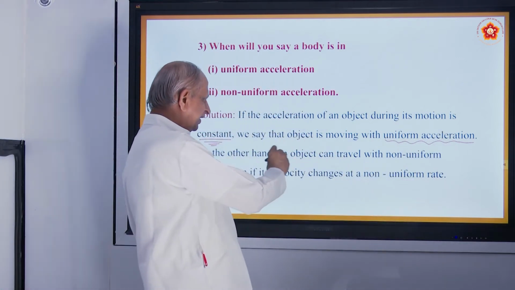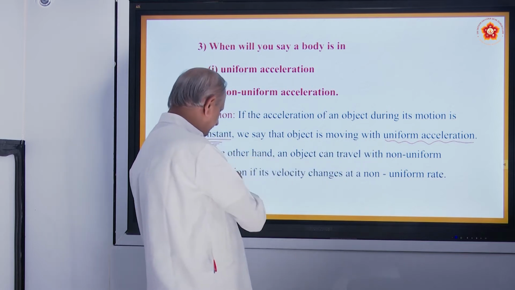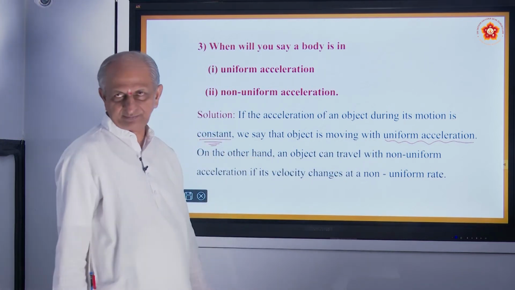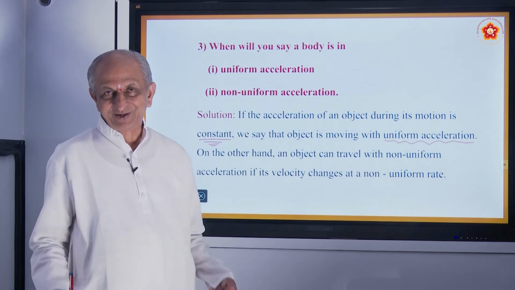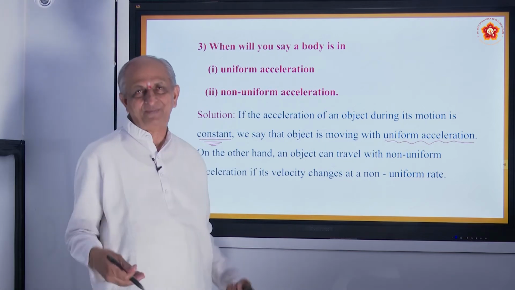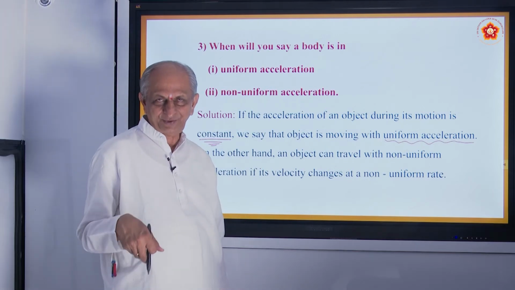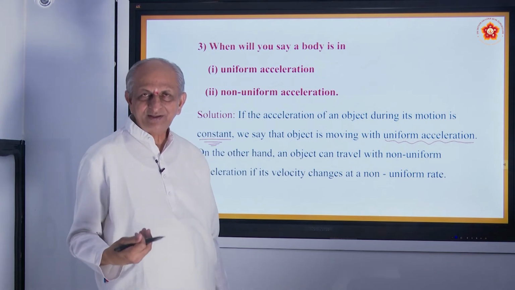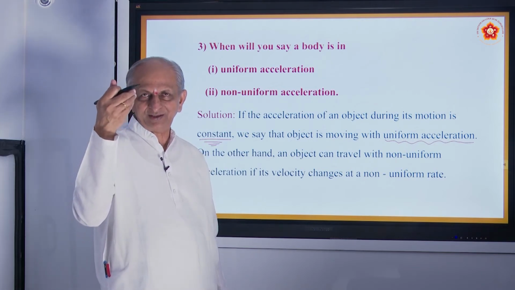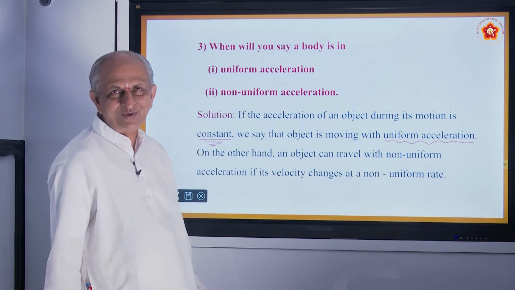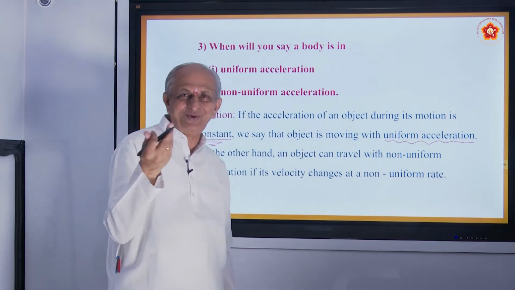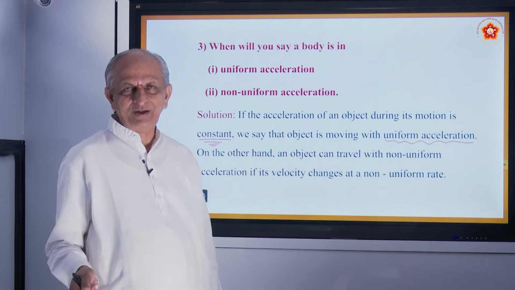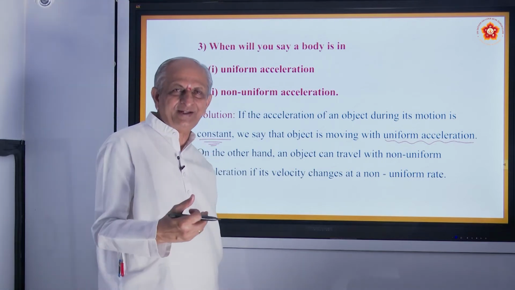On the other hand, an object can travel with non-uniform acceleration if its velocity changes at a non-uniform rate. So a car going on a country road is non-uniform. Starting at 0, it picks up say 10, 20, 30 like that. Sometimes it may go up to 60. Next time it comes to 0. And in villages, you have seen, even if you're going on a two-wheeler, so many obstacles.